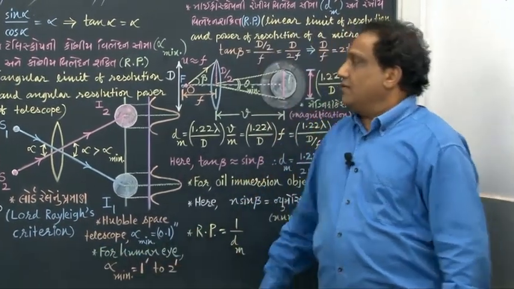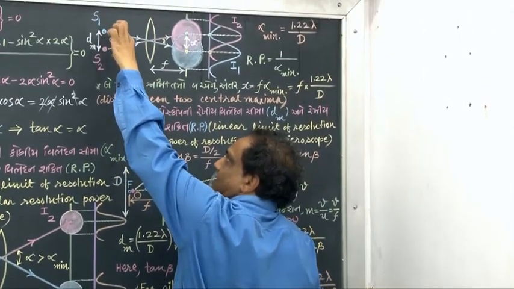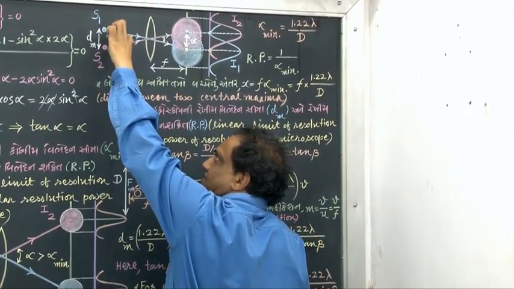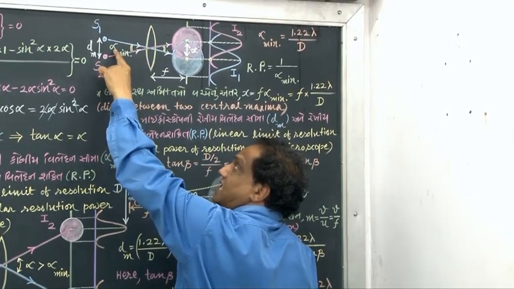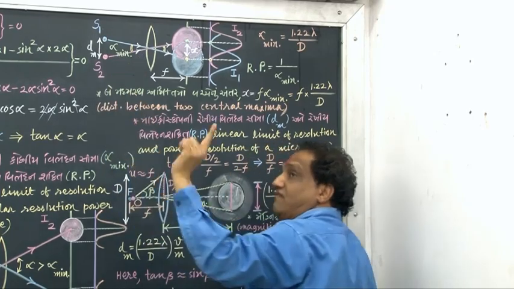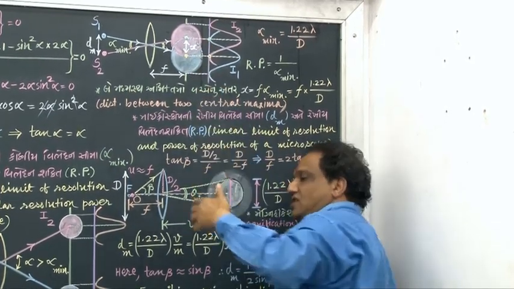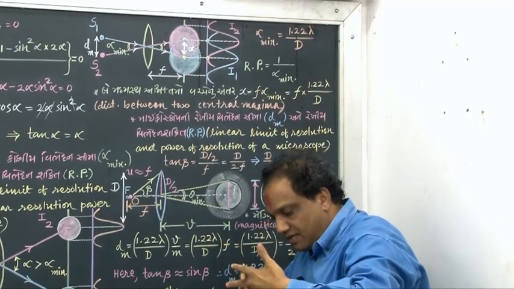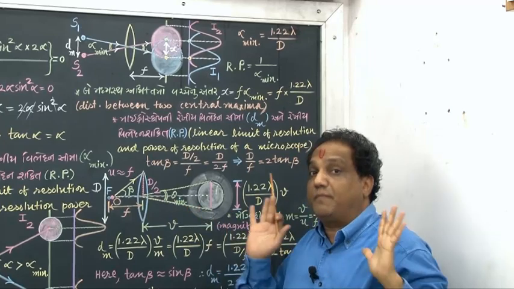Okay. Now tell me, if you bring these two objects even closer than this distance, then this angle will be smaller than this alpha minimum, and when alpha is less than alpha minimum, at that time these two diffraction patterns will just overlap each other. That time we cannot say that images are obtained separately.